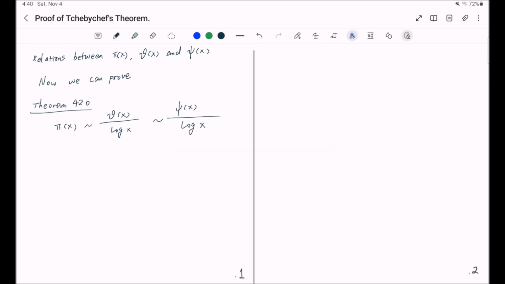The proof of the Tchebyshev theorem also gives us the following relations between pi of x, theta of x, and psi of x, which reduces our job of establishing the prime number theorem to establishing that theta of x and psi of x are similar to x when x goes to infinity.